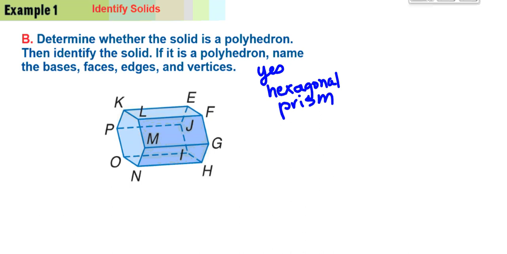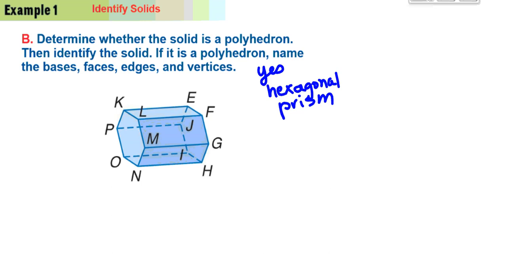And do you agree this has even more things to name? So I think we'll just look at it and make sure that we could name everything, but I'm not going to make you write it down. So just name the bases for me. And so the bases are those 2 hexagons. So you're going to say hexagon, and then just the letters around in order.